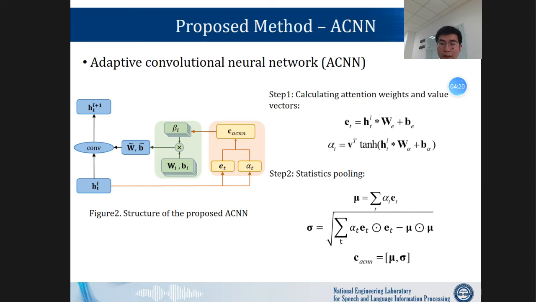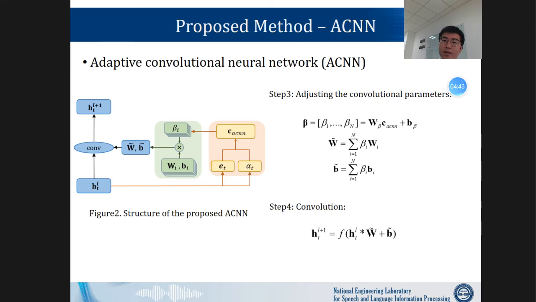During the first step, the attention mechanism is applied, and the value vectors and the attention weights are calculated. Then, we generate a context vector by leveraging the statistical information inherent in the weighted value vectors.